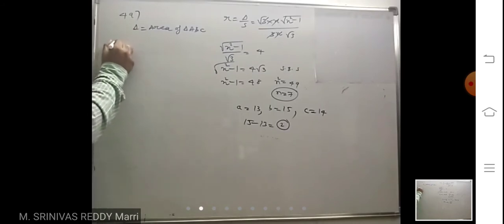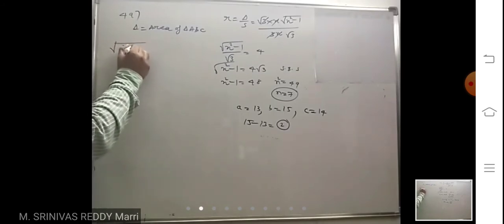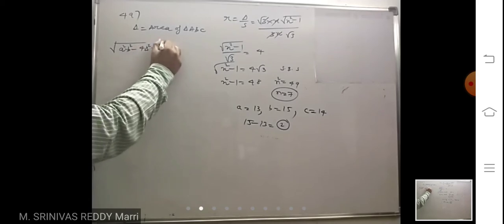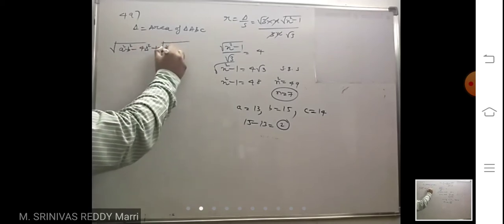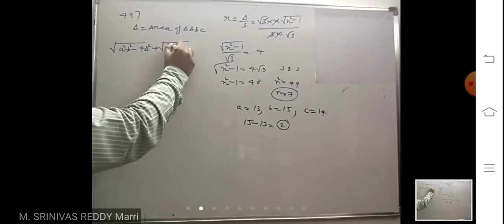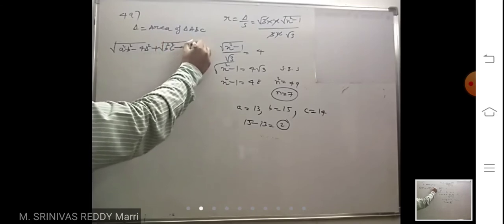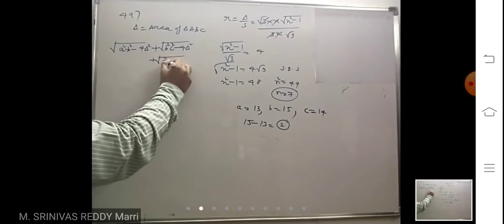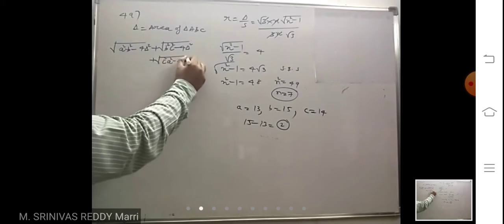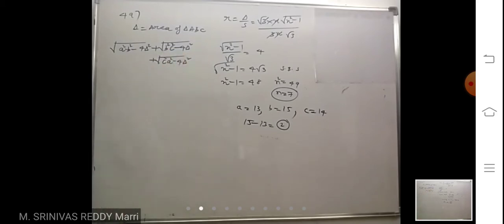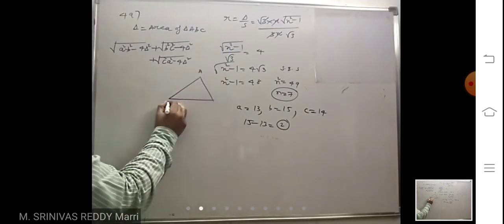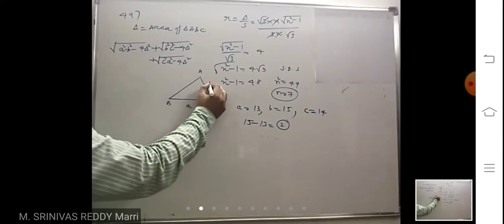Now he is asking the value of root of a square b square minus 4 delta square, plus root of b square c square minus 4 delta square, plus root of c square a square minus 4 delta square. Now we have a number of formulas for area. So this is A, B, C.